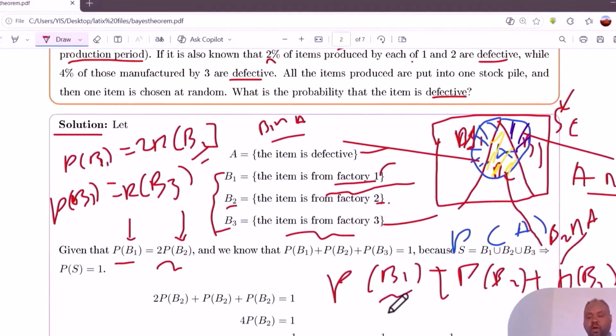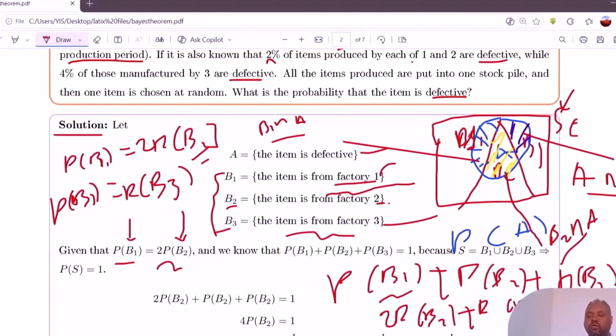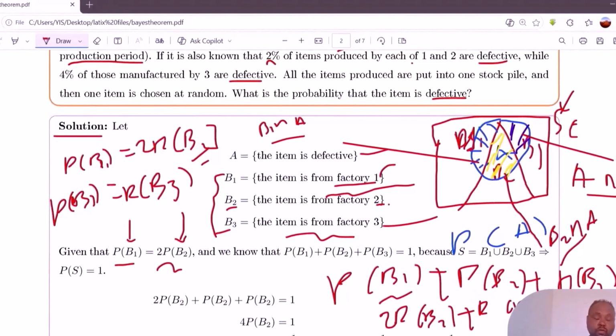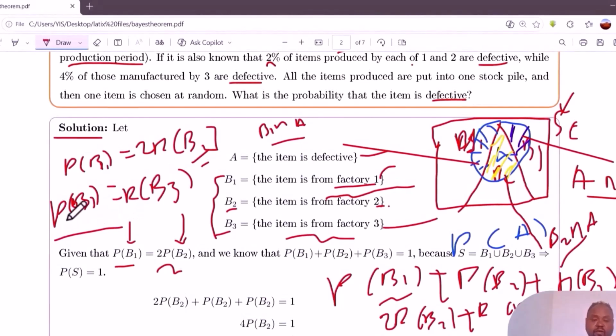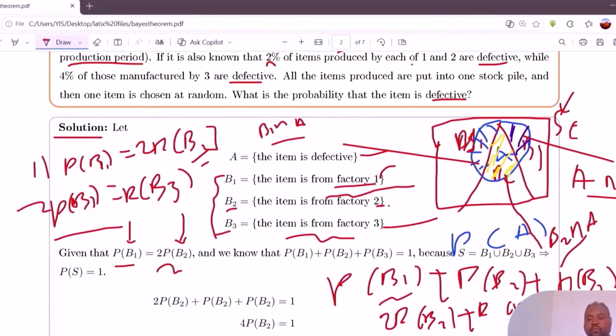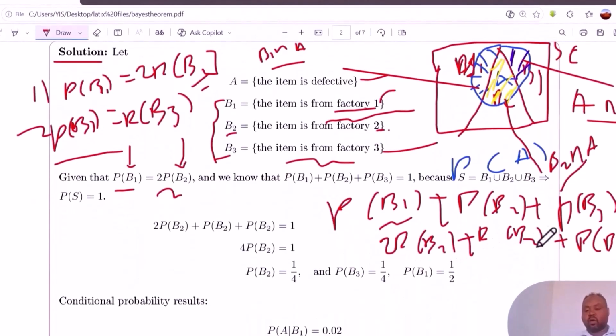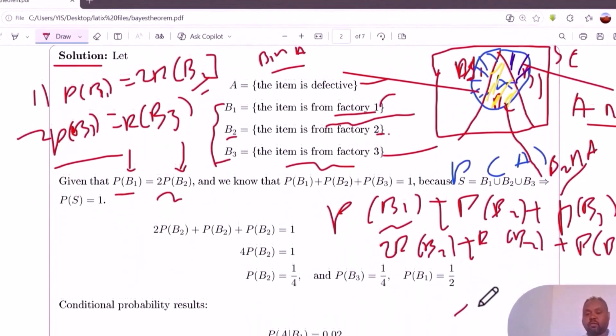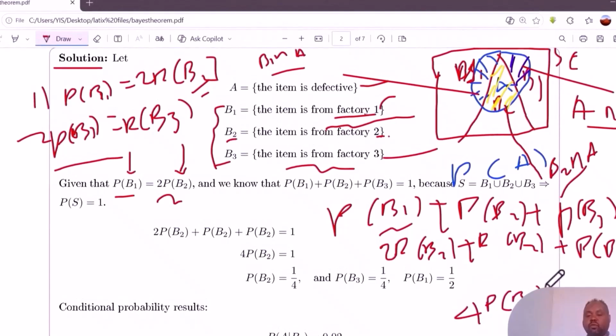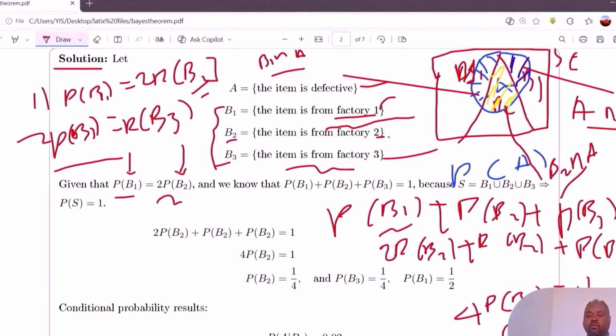The probability of B1 is 2 times the probability of B2, plus the probability of B2, plus the probability of B2, because the probability of B2 equals the probability of B3, from these two facts. Therefore, 4 times the probability of B2 is 1. The probability of B2 is 1 over 4.